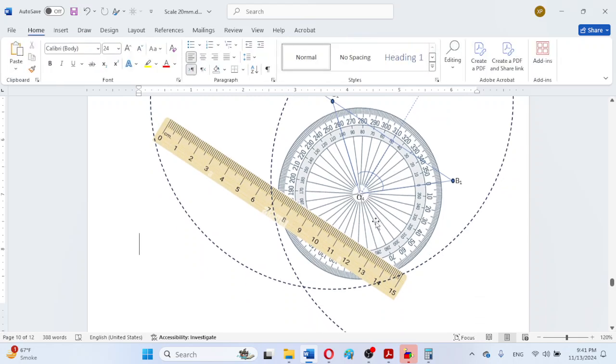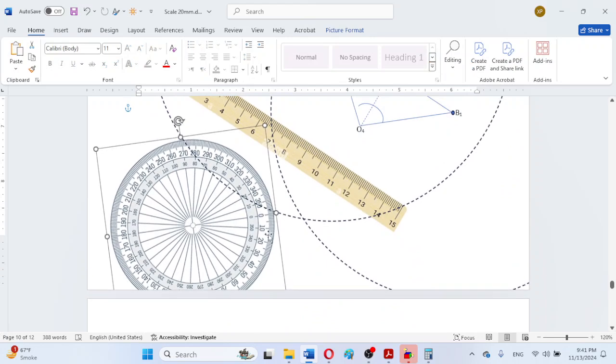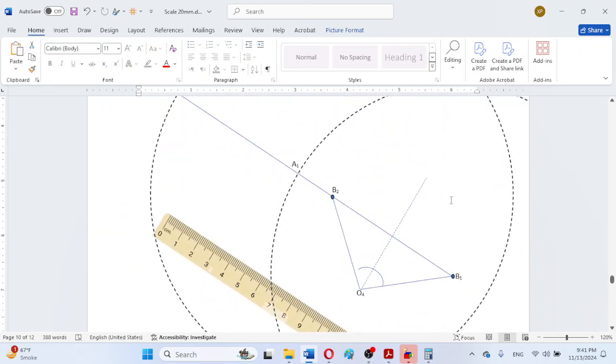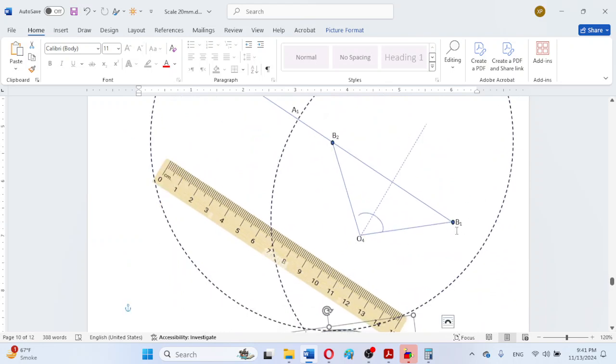So now the protector can be moved out, and again the procedure is the same. For example, we will be selecting these two circles, and now we will be copying, and then repasting.